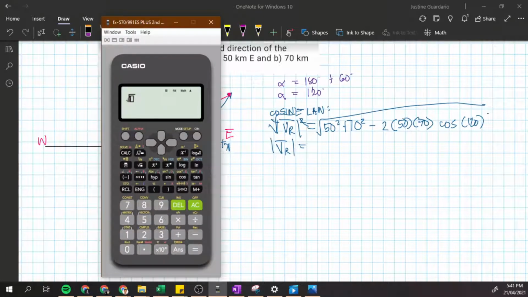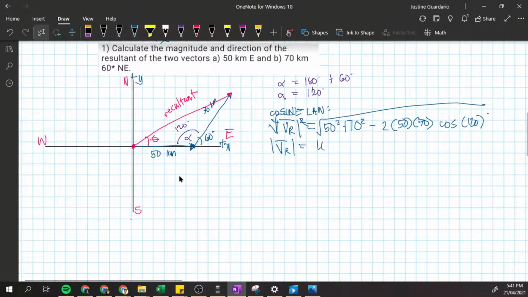Okay. So, utilize natin yon. It's equal to the square root of 50 squared plus 70 squared minus 2 times 50 times 70 cosine 120. Okay. That is equal to 10 square root ng 109 kilometers since our units here are in kilometer.